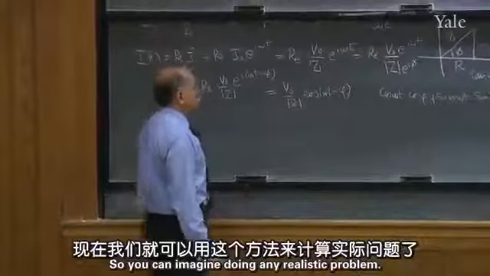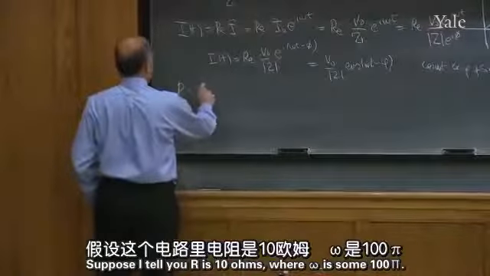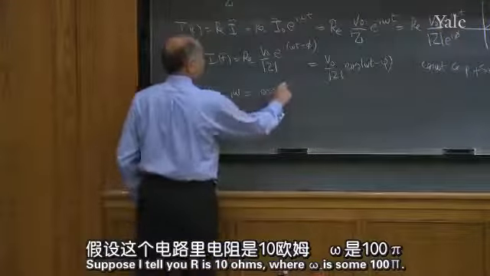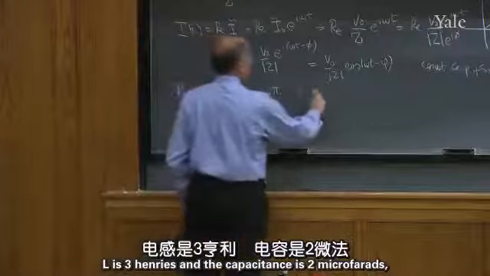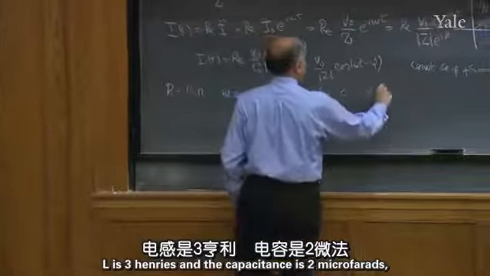So you can imagine doing any realistic problem. Suppose I tell you R is 10 ohms, omega is 100 pi, L is 3 henries, and the capacitance is 2 microfarads.